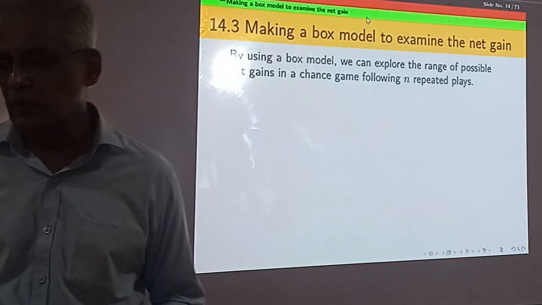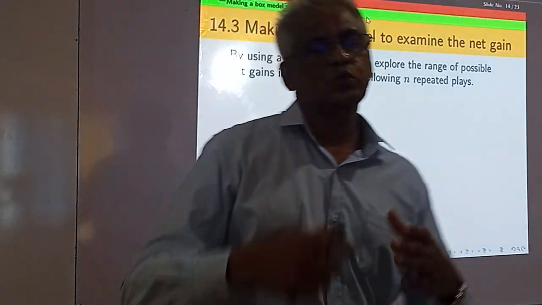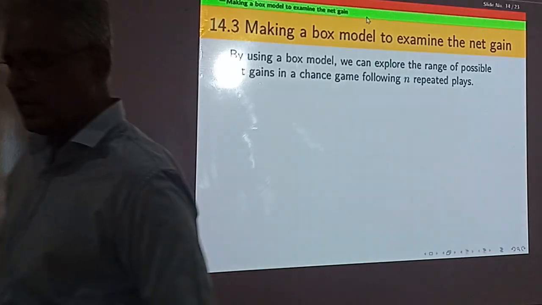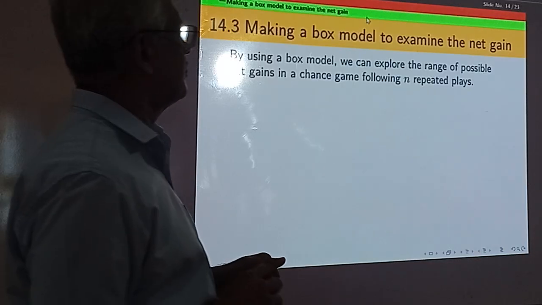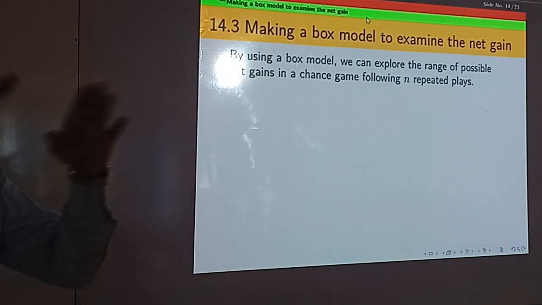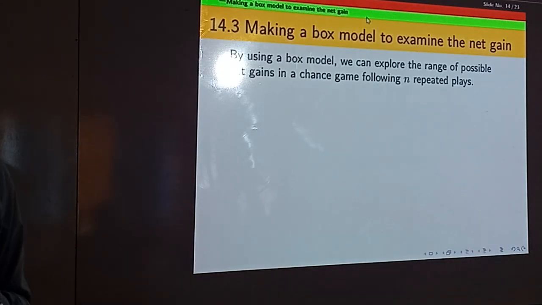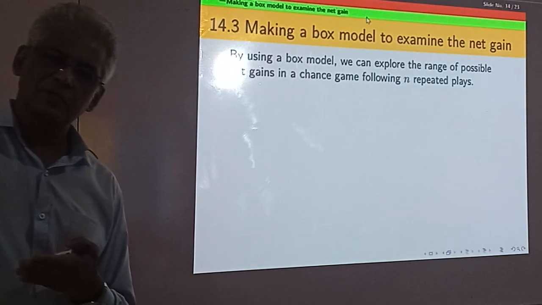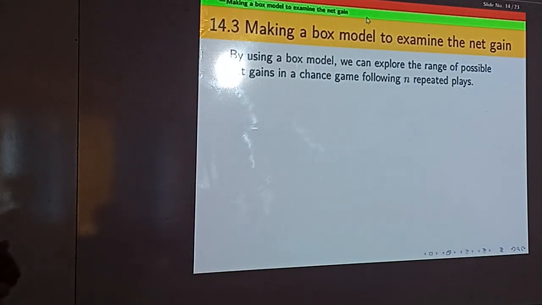And then the book discusses something called the box model to look at the net gain of some chance models, like playing roulette and so on. We can look at the total gain, again total, like in the previous situation, but total gain will be the sum of the amounts that we are getting, right, earning. So that will be the total gain.